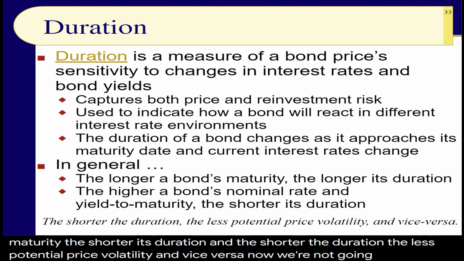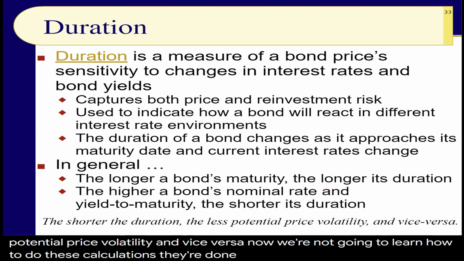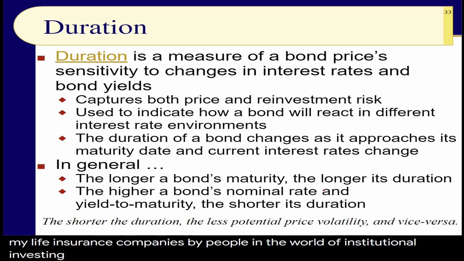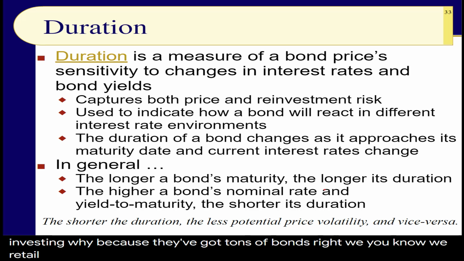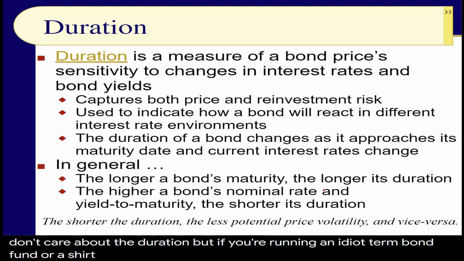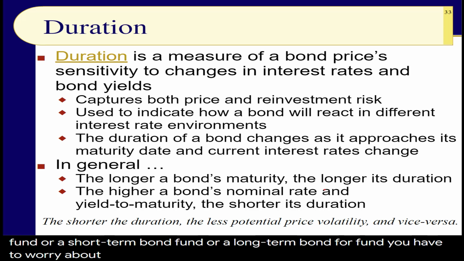Now, we're not going to learn how to do these calculations. They're done by mutual funds, by pension funds, by life insurance companies, by people in the world of institutional investing. Why? Because they've got tons of bonds, right? We retail investors who do buy bonds, we usually just hang on to them. We don't care about the duration. But if you're running an intermediate term bond fund or a short-term bond fund or a long-term bond fund, you have to worry about duration.